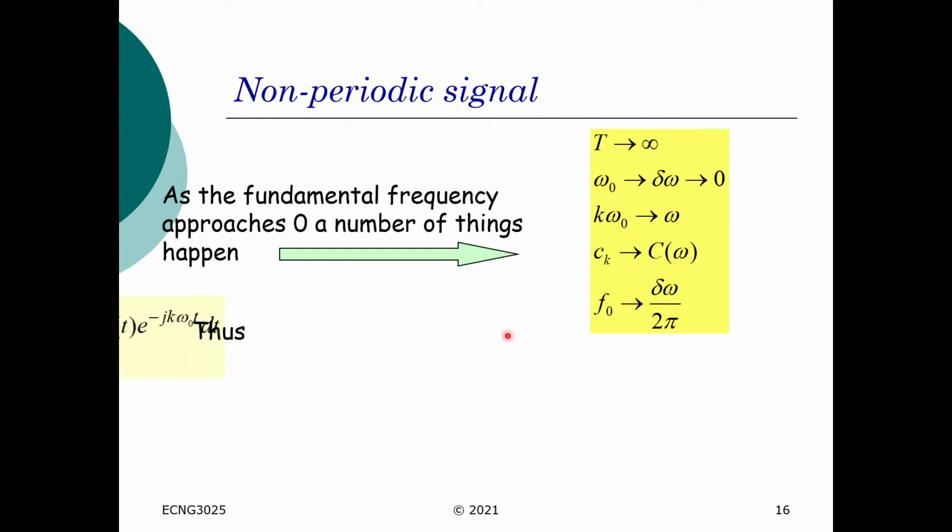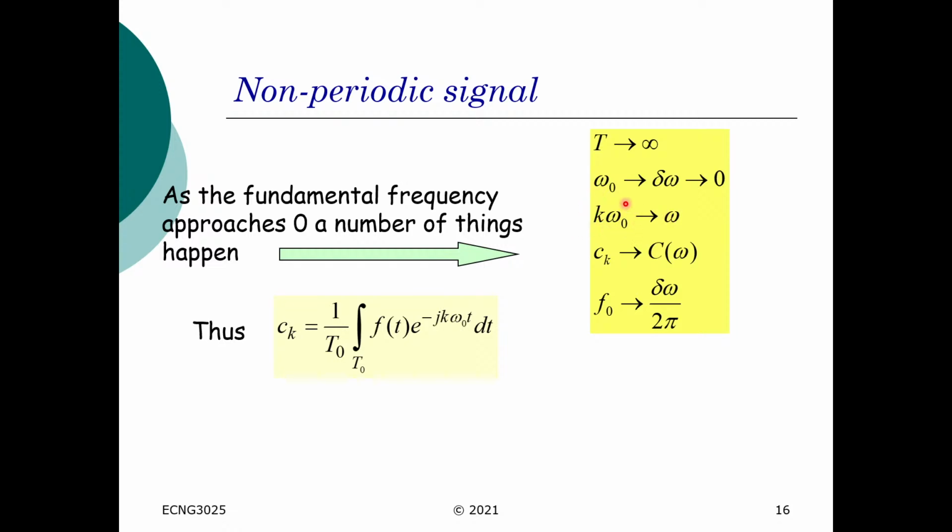When we apply all these limits to our Ck equation, as we treat the period tending towards infinity, conversely, the frequency f is going to be 1 divided by T. So f is equal to 1 on T, and if we map it back to omega naught, that means omega naught, our centralized frequency, approaches a really small frequency, which we refer to as delta omega. And that also tends towards 0, because T tends towards infinity, so conversely the frequency is going to tend towards 0.